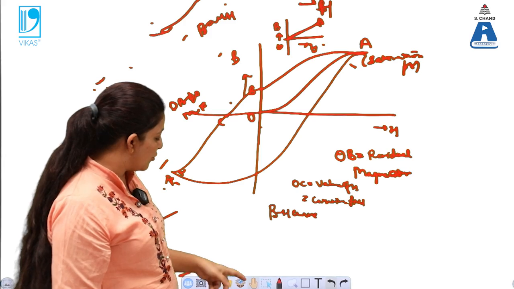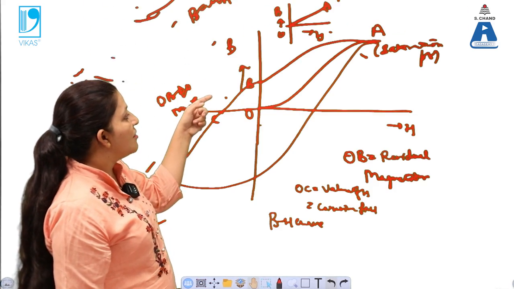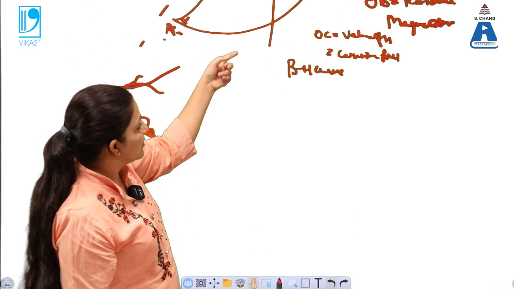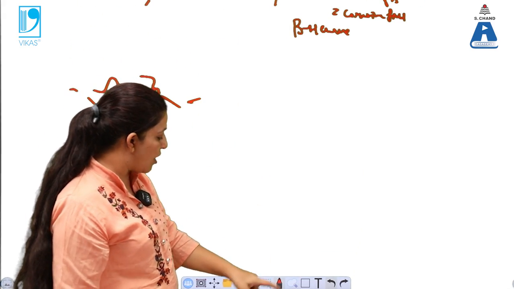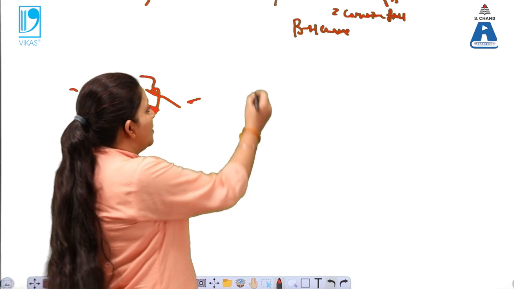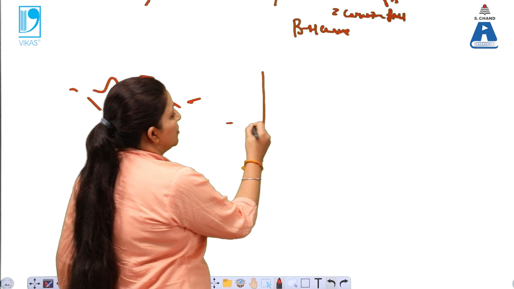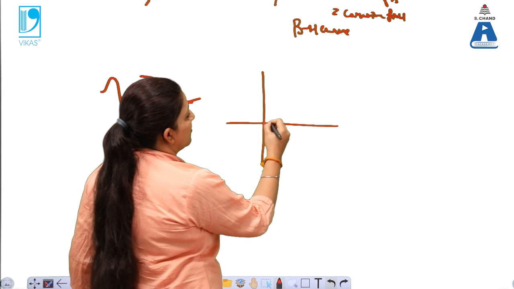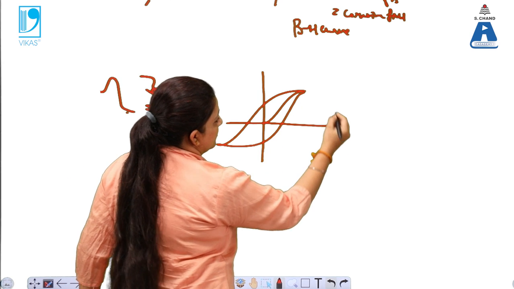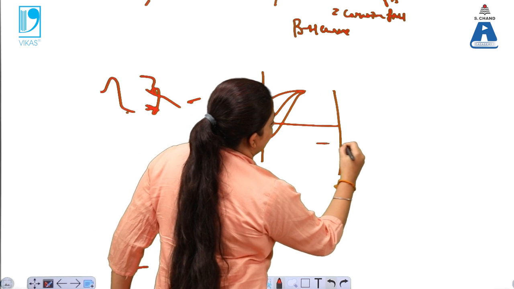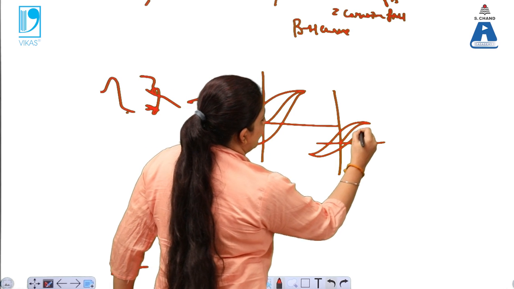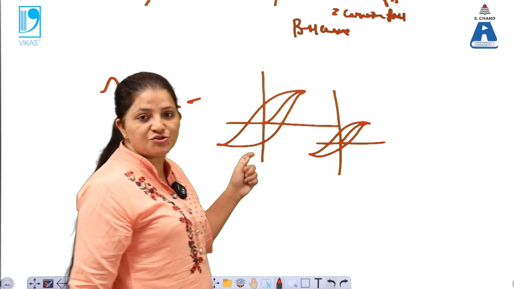In the case of a transformer, we know that the input value is not equal to the output value, which means some of the input power gets lost. So there are some losses. These are the two types of curve. Now what is the difference between these two curves?